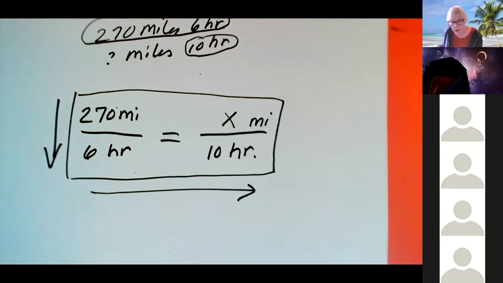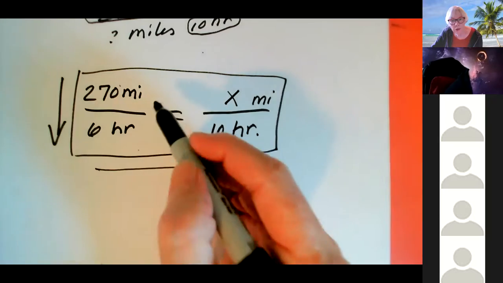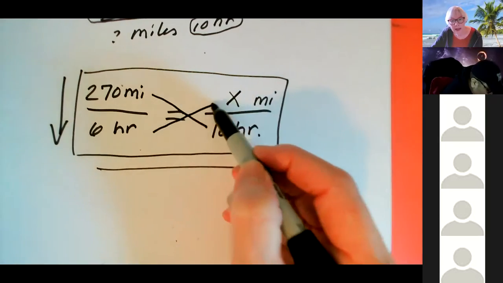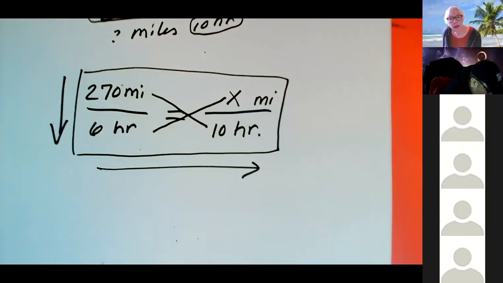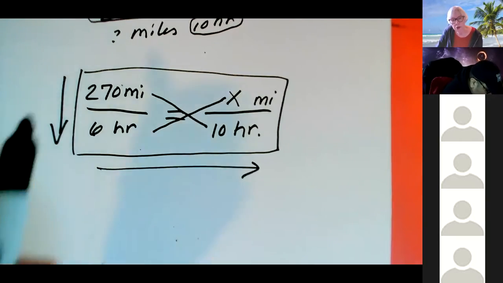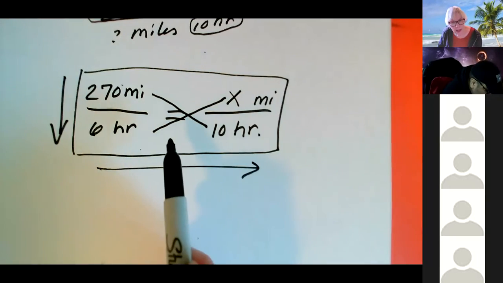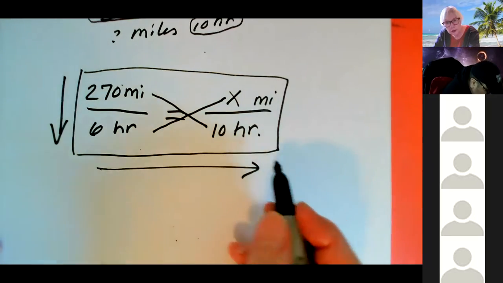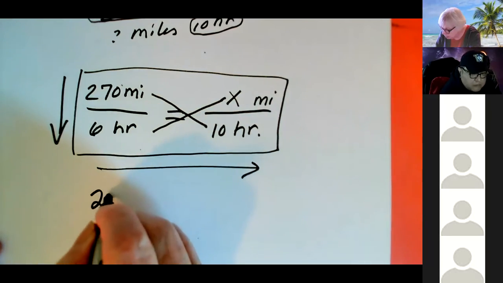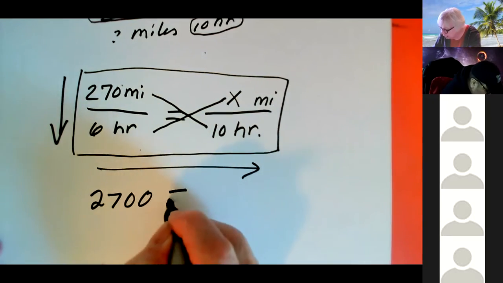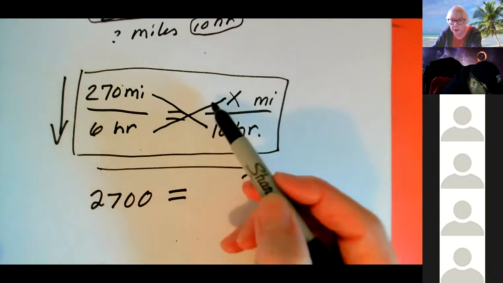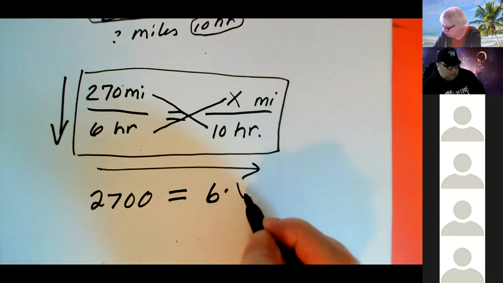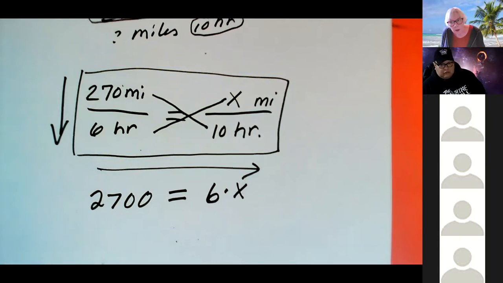So this is X. What I want you to see is when we proceed to do it, we have the exact same problem. So the first way, this is a correct setup. So 270 times 10, that first diagonal is 2,700 equals. This is the second diagonal, 6 times X. That's the same exact problem as before.